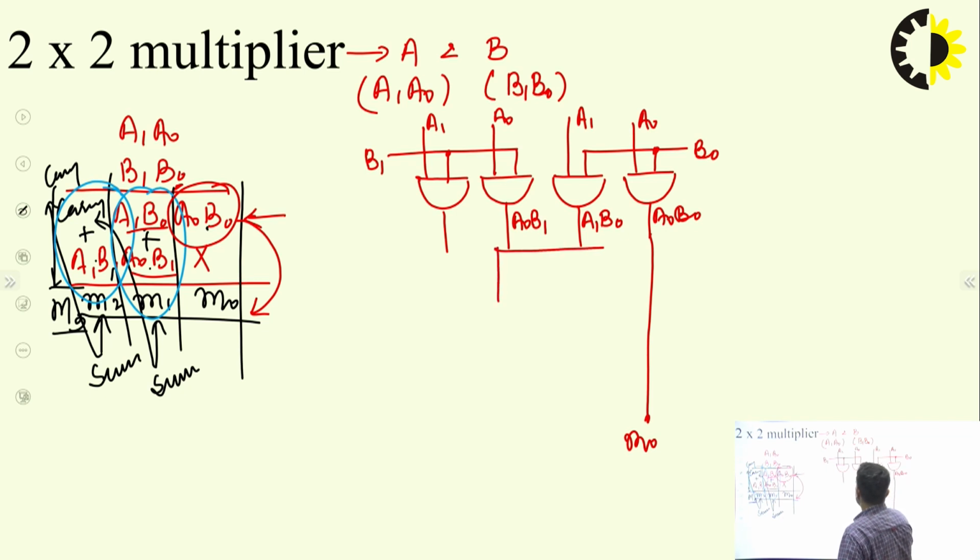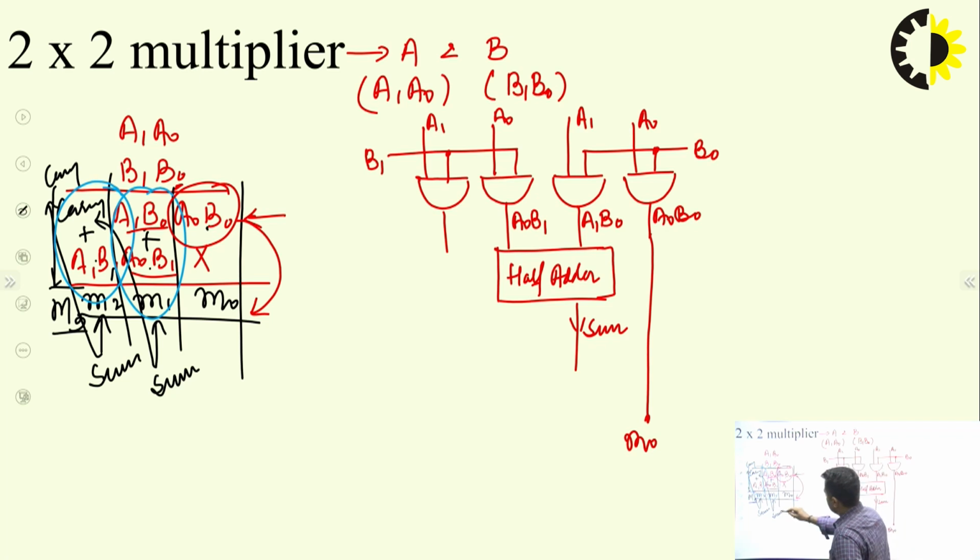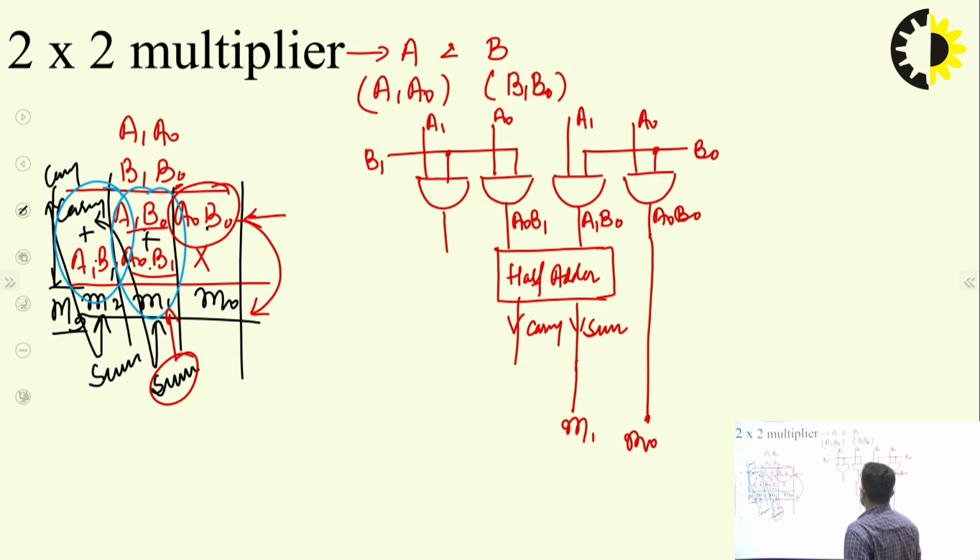Now we have already discussed that for adding we will require a half adder. The half adder will accept these 2 bits as input and produce the sum, and we have seen that this sum part is M1. So this sum becomes M1, and this carry which reached here needs to be added with A1 B1.